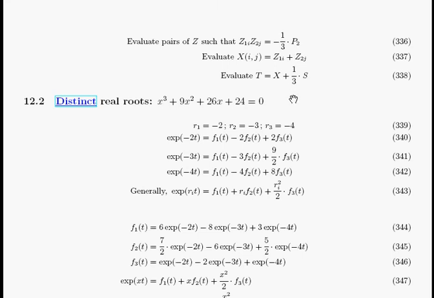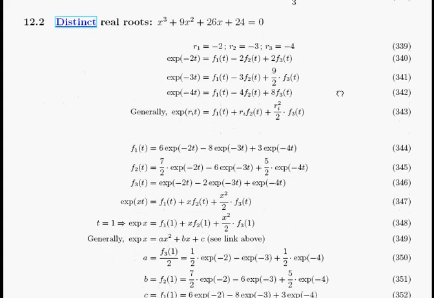This can be done by computer. So evaluate X from the Z's and evaluate T from X. You have solved the Cardano equation for matrices.